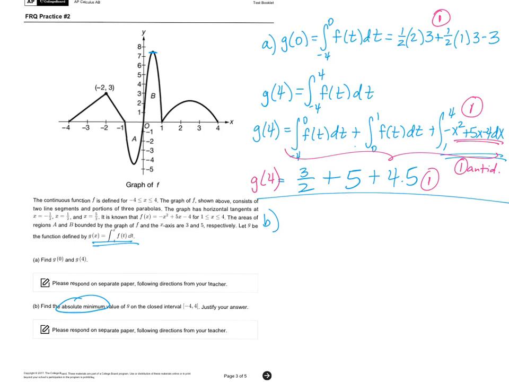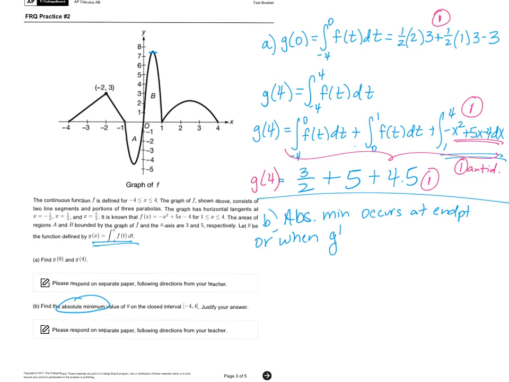So here's my point. When they ask you for a specific one, I want you to write this sentence. Absolute min occurs at endpoint or when G prime, this is the first time I'm writing the word G prime.